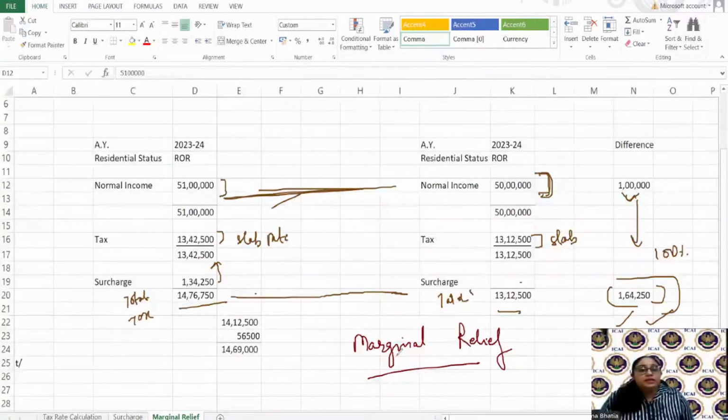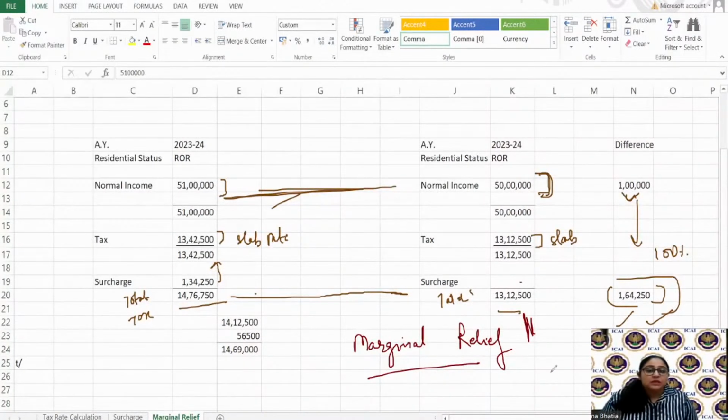Matlab, the additional tax which I'll be paying on the income more than rupees 50 lakhs cannot be more than the additional income. So they say the maximum, please listen carefully. Now this is where the concept of marginal relief comes. They say the additional tax which I should pay on this additional income cannot be more than the income itself.